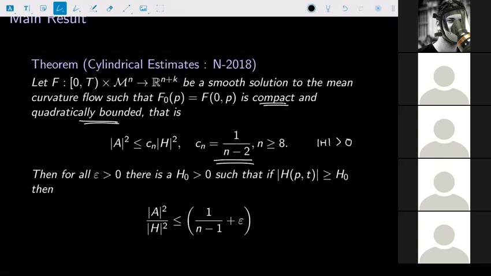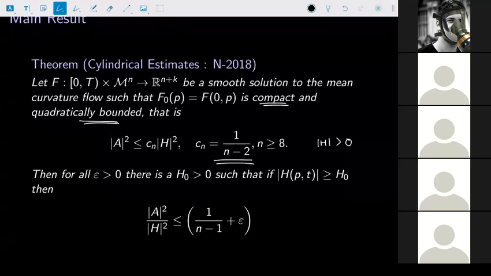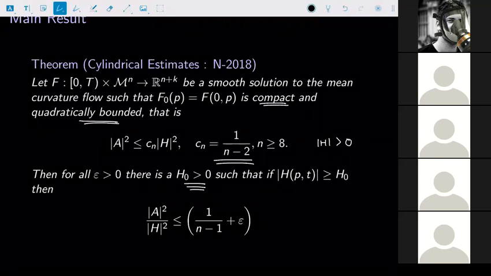Then what we can show is that for all epsilon greater than 0, there exists a lower threshold H_0 so that if the mean curvature is sufficiently large, so this H_0 is a lower threshold to say that if your curvature is blowing up to plus infinity, it should be above a lower bound H_0, which is very large.